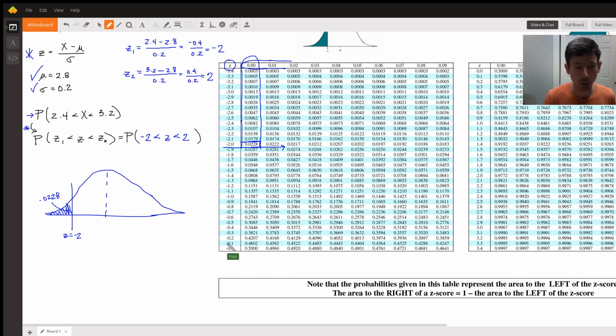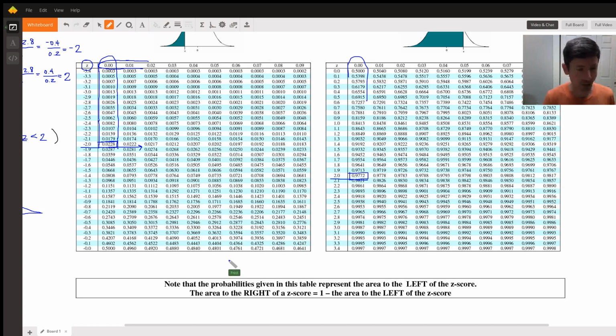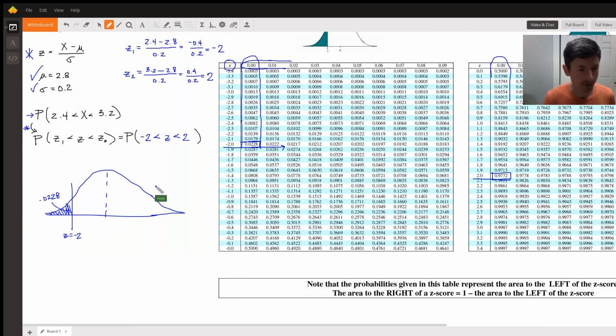Then we would look up positive 2 on the right-hand side of our table, just like we did in the manner before. Isolate our 0.00 column, and we would come to this probability, 0.9772. What does that tell us?